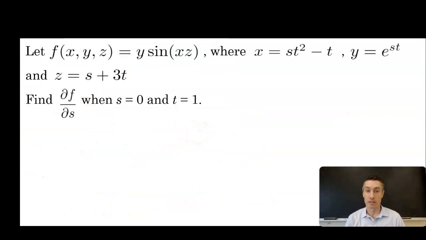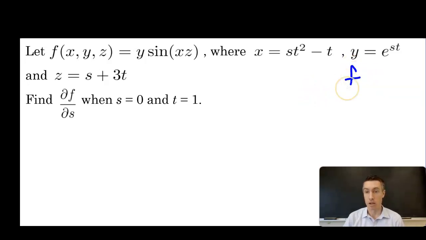And we can extend this, okay, for as many variables in the original function, for as many variables in our x, our y, our z. Really, it just comes down to creating an organized tree diagram and making sense of whether we're taking partial derivatives or single variable derivatives. So here, the function now is in terms of 3 variables, x, y, and z. x is st squared minus t, y equals e to the st, and z equals s plus 3t.